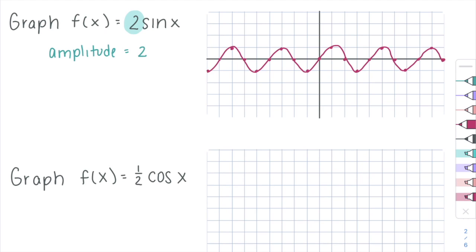I'm going to take each one of these points, and instead of being up 1, now they're going to be up 2. It's going to have an amplitude of 2. So anything that was on the y-axis is going to stay on the y-axis because it's still the center of my graph. It's 0. If I multiply 0 by 2, nothing happens. But when I multiply 1 by 2, I get 2.